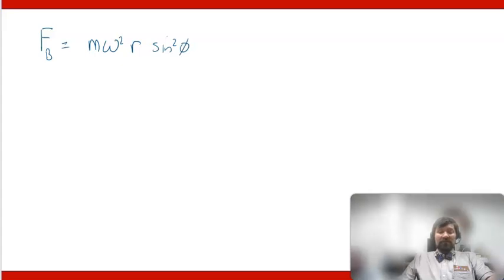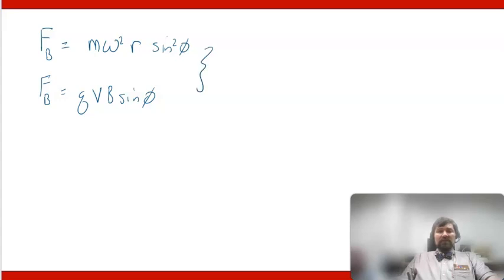The second thing that you can do is, again, recall that this FB was also m omega squared times r, or specifically m omega squared r sine squared phi, this one being your V. And again, FB was Q times V times B times sine phi.